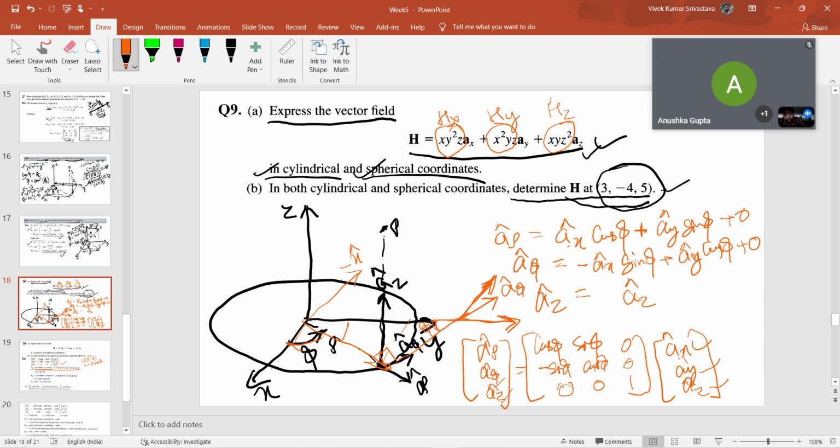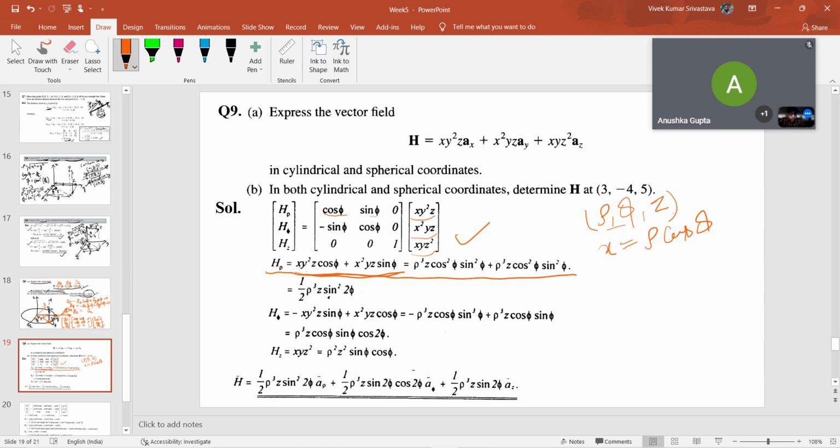For y you take the angle between these two, which is 90 minus phi, so y is rho sin phi, and z will be equal to z only. You have to replace x, y and z using these expressions to find the rho component. Similarly you can find the phi component and z component. That's how you can represent this vector in the cylindrical coordinate system.